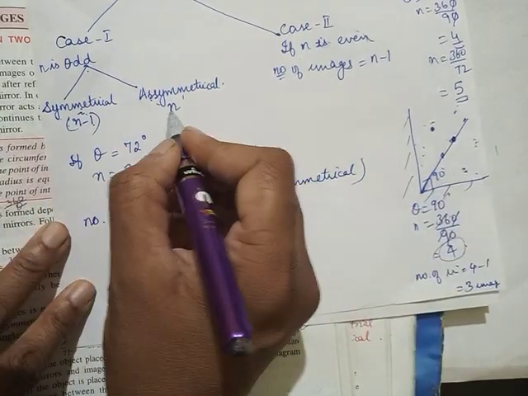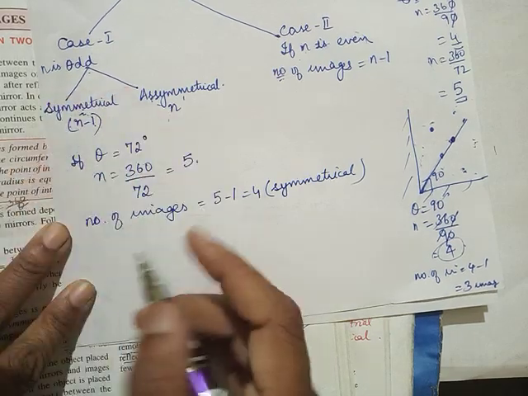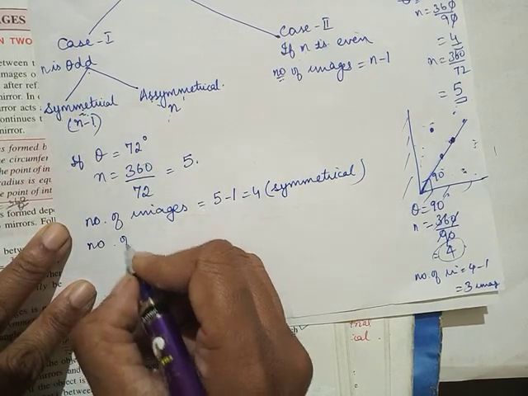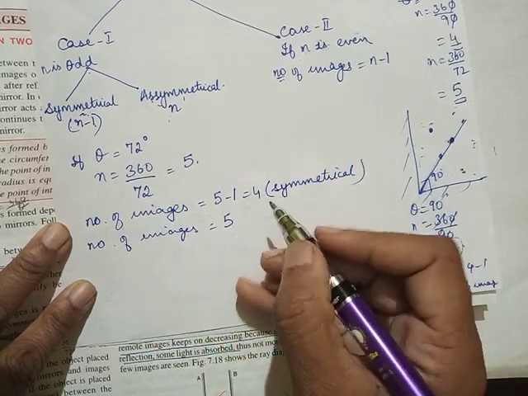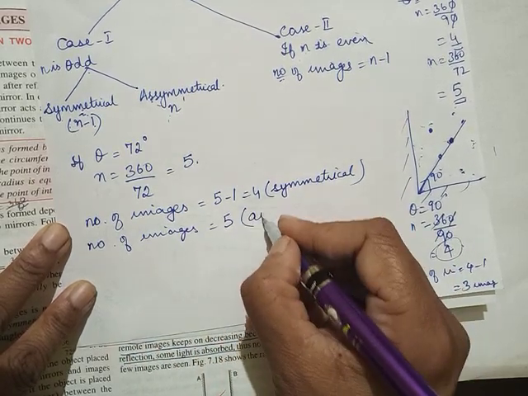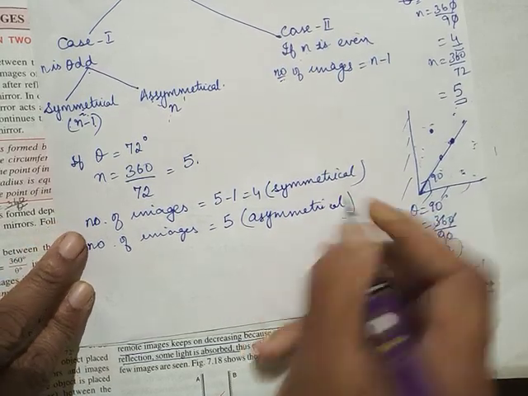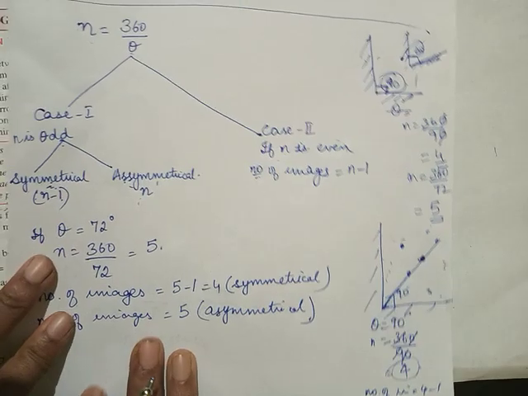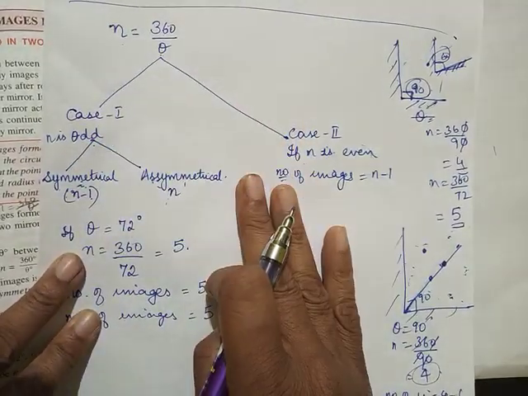If the question mentions that the object is kept asymmetrically between the two mirrors, then the number of images is equal to 5. Hope you have understood this, children. It might look a little confusing, but take time, try to understand it, then it will be clear.